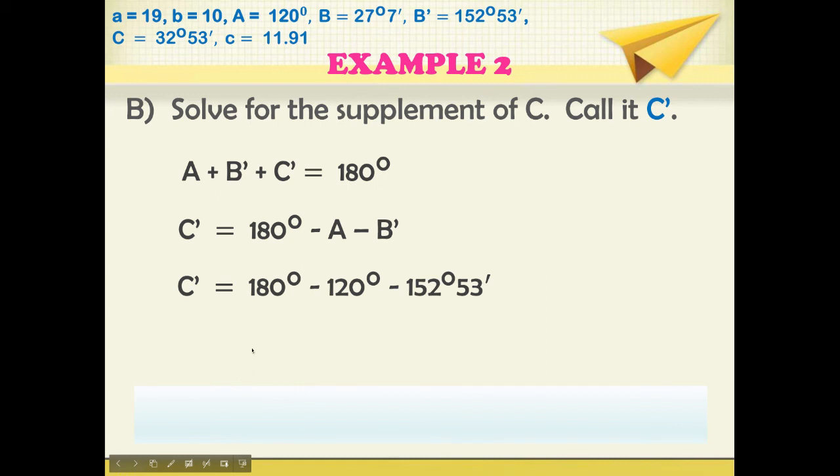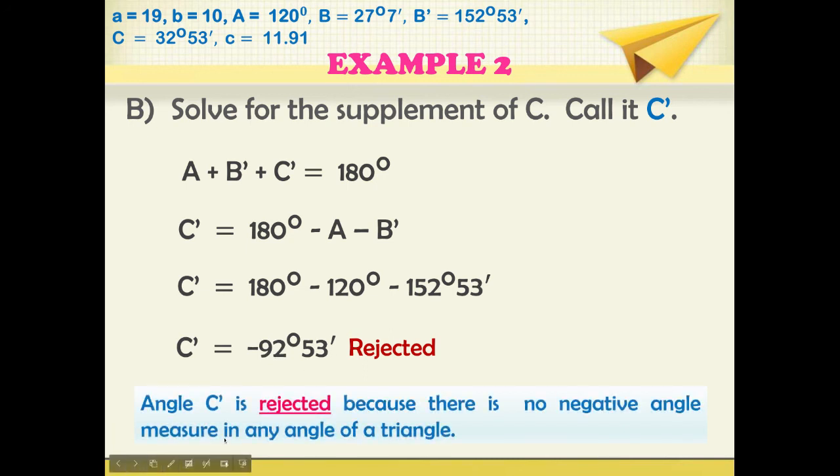So, by substitution, we will have C prime equals 180 degrees minus angle A minus angle B prime. By substitution, we get these values. So, C prime will be equal to negative 92 degrees 53 minutes. Now, this value for angle C prime will be rejected. Why? Angle C prime is rejected because there is no negative angle measure in any angle of a triangle.